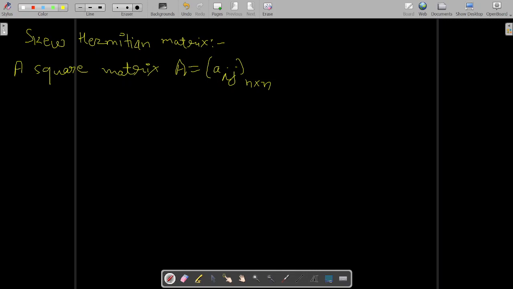A square matrix means the number of rows is equal to the number of columns.